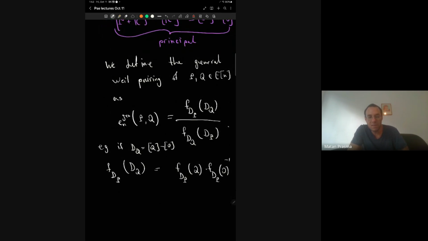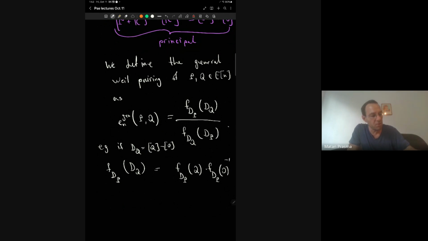Any question about this definition? It's a bit abstract, but I think it's very useful to have, and we will soon get into more concrete choices, and I will show you how to choose this DP and DQ easily.